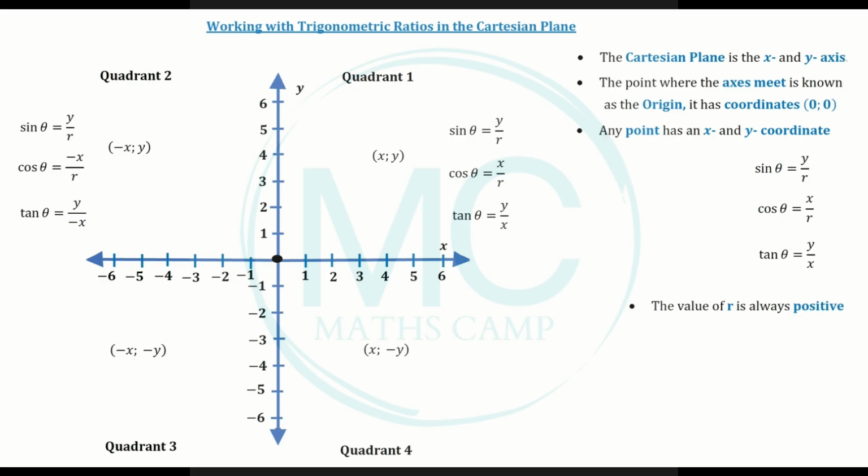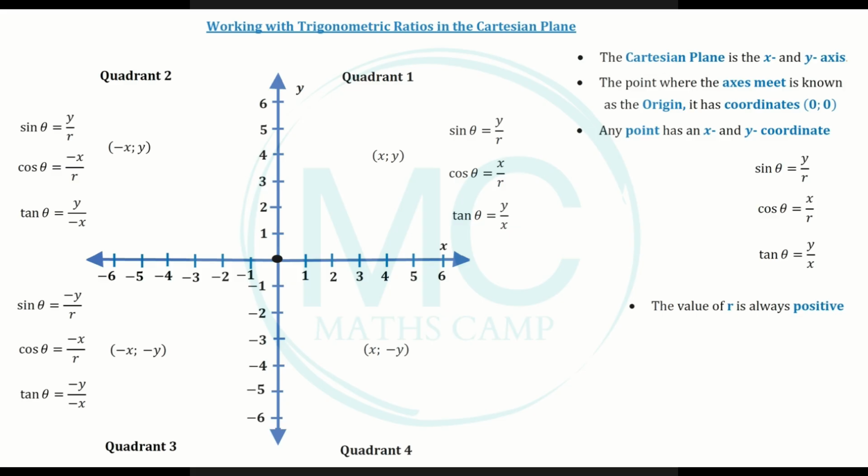In quadrant 3, both the x and y coordinates are negative, so now sine theta is equal to negative y over r, cos theta is equal to negative x over r, and tan theta is equal to negative y over negative x. But remember that if you have a fraction with a negative value in the numerator and a negative value in the denominator, the negatives cancel each other out, and we are left with a positive value.